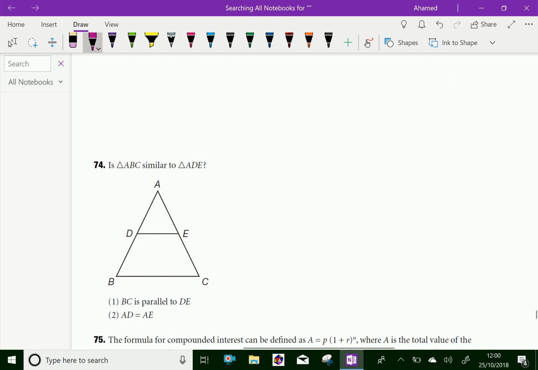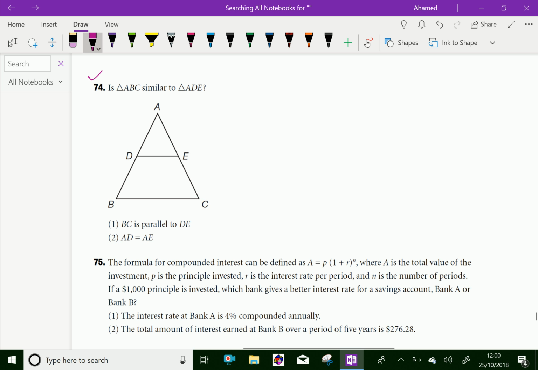Next, here the triangle ABC is similar to triangle ADE, which means the corresponding side ratios are equal.